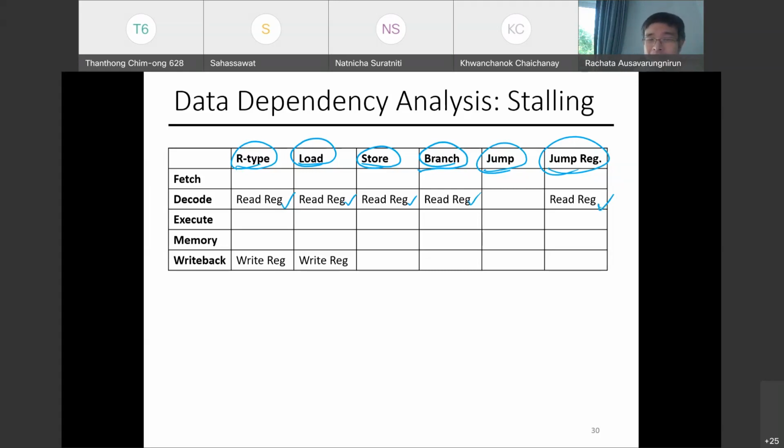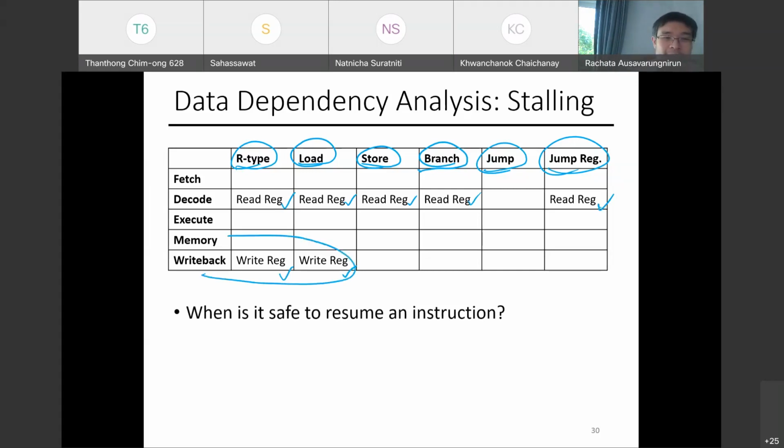When do I produce the result? That's in write back. R-type will produce the register value. Load will also produce a register value. Your instructions are safe to resume whenever this finishes. Again, this encapsulates what I described earlier. You block in decode until whatever is blocking you finishes the write back.